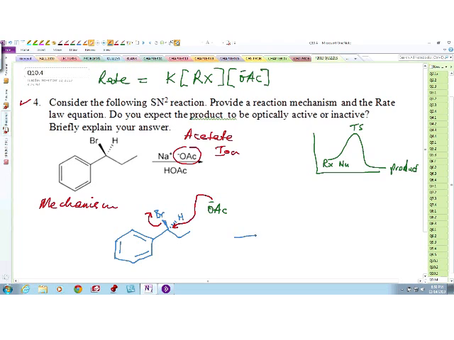So now, we get this product. Now the hydrogen will be here, and the acetate will be here.